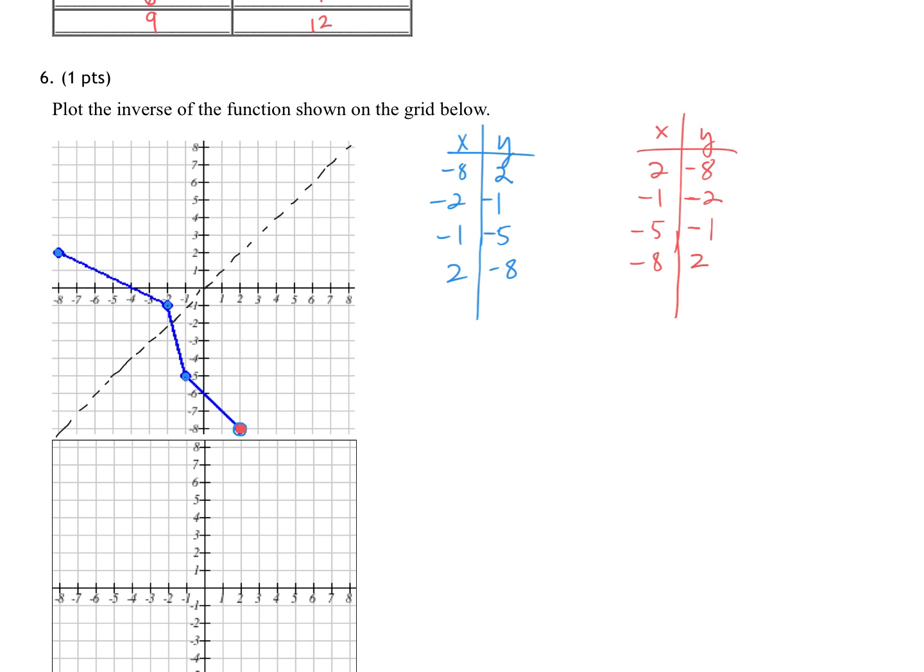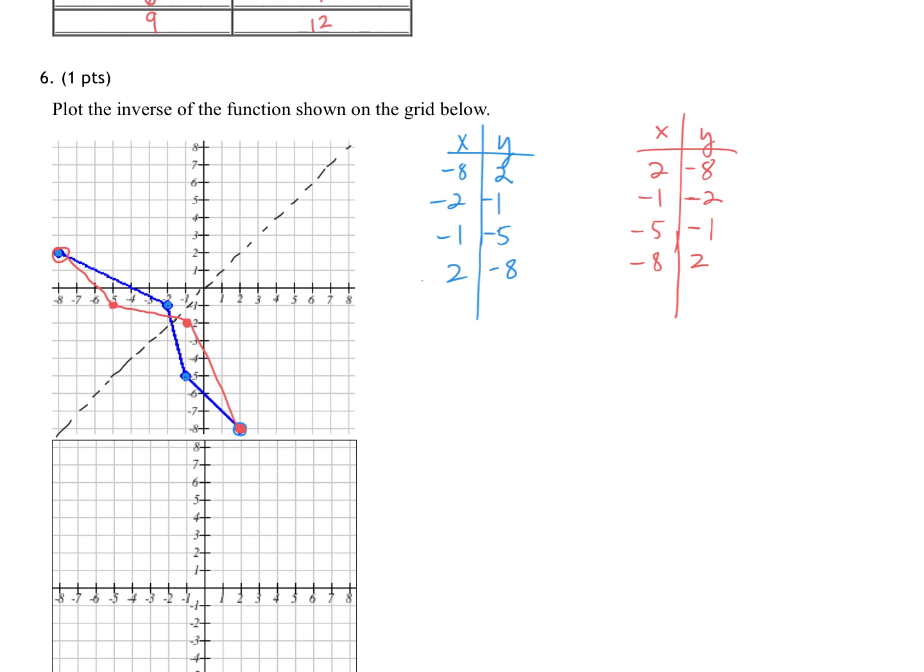-1, -2 would be here. Negative 5, negative 1 would be here. And then negative 8, 2 would be here. So this one would be open on the red. Okay.